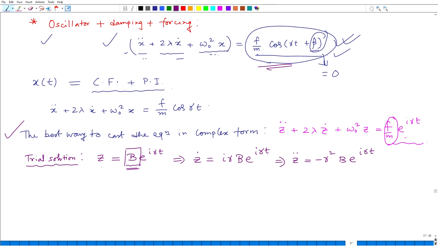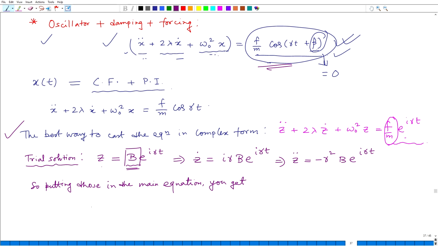And simply, putting those in the main equation, we get the result.